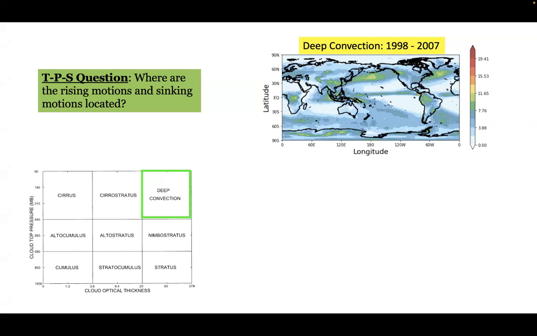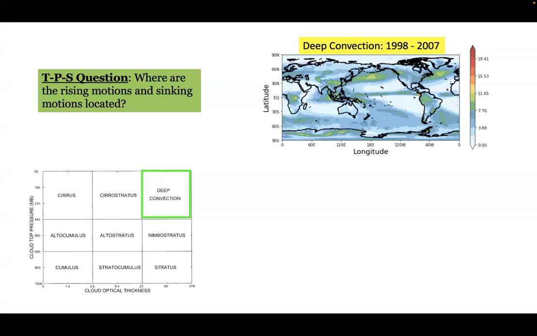Any other groups want to add to this? Yeah, I think she's describing a Hadley cell. Hadley cell, the more technical term now. So if you have taken the climate change class or some other atmospheric science class, you know, in the tropics there's a cell called the Hadley cell.